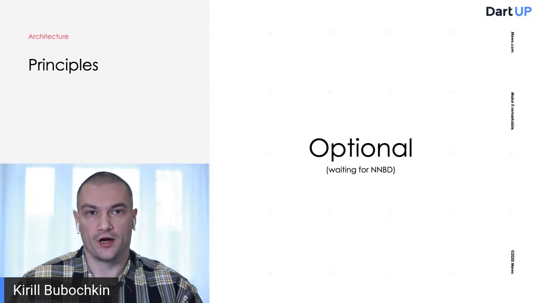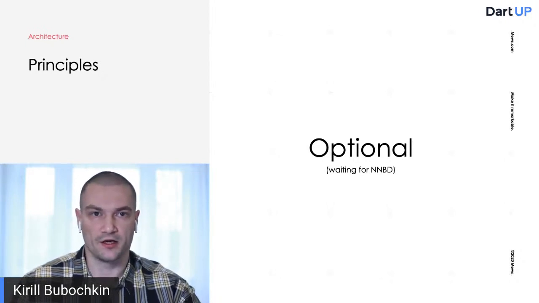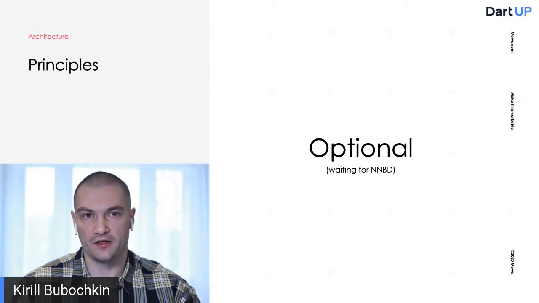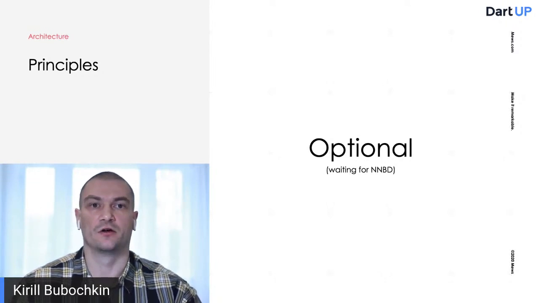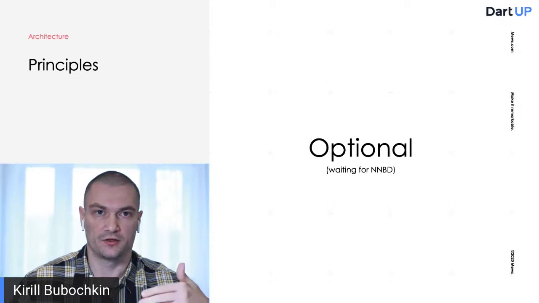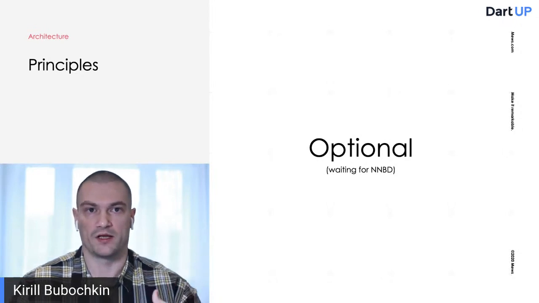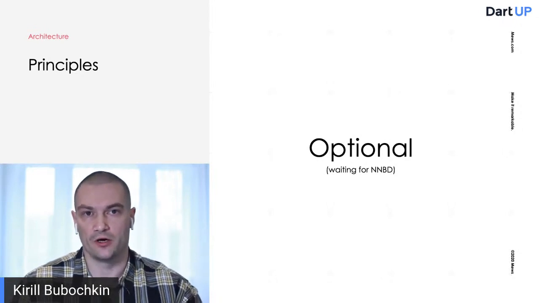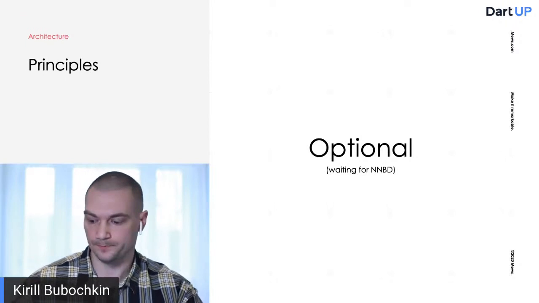But for now, we have to deal with it. And it's really a common source of bugs and errors. So we decided that in our business logic code, we treat all the types as immutable. And when we really want to pass some absent value there, we use this wrapper optional type.